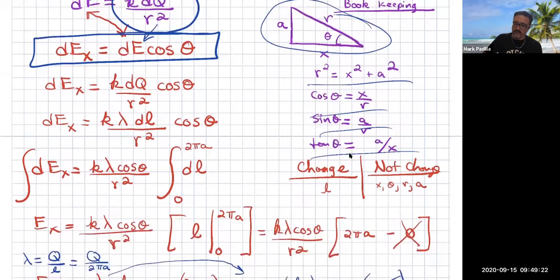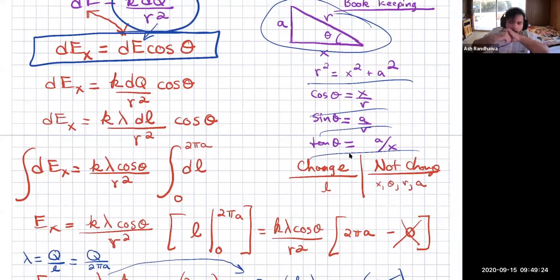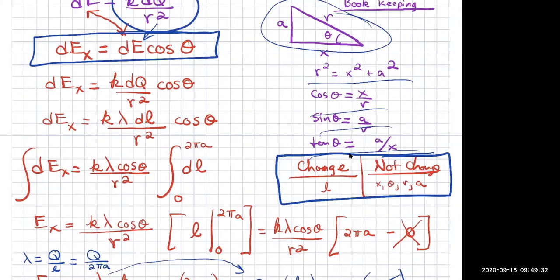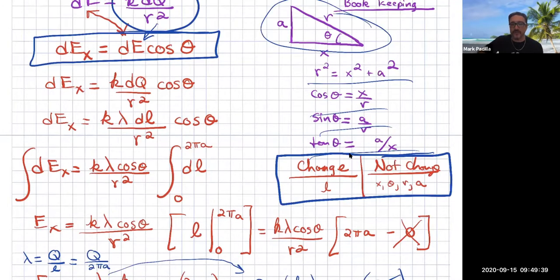And then we say, when we integrate around it, what variables are changing, what variables are not changing. So we establish that dL is the only variable that's changing. It's only changing its position around because we're integrating all the way around.